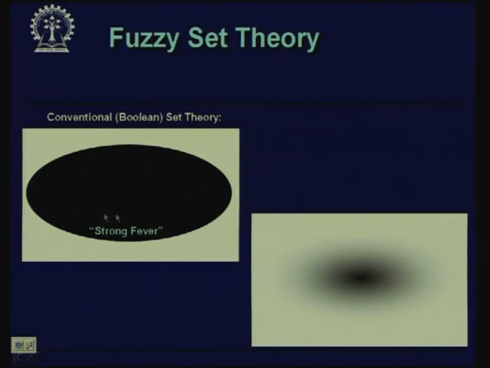Boolean set, the conventional set. Say if we have strong fever as a set, then now this slide has been taken from another source. So, these measures of temperature are not like the ones that we do in India, but in the West they measure the temperature in degrees Celsius, body temperature.